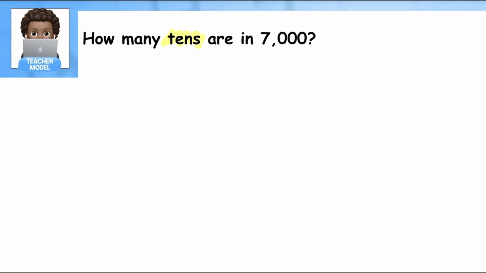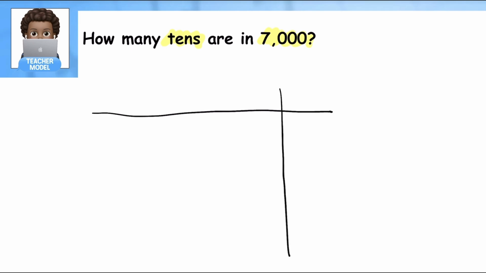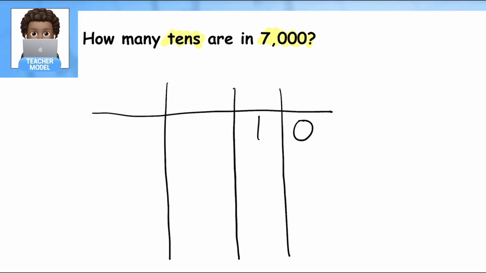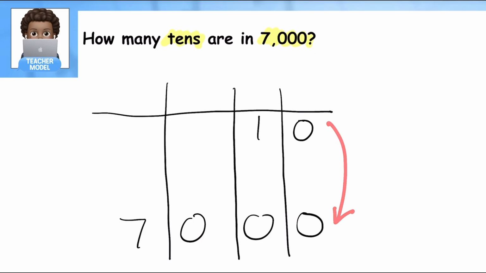How many tens are in 7,000? All right, so we're going to think about this again. I'm going to make my little place value chart. And I'm starting off with the number just 10. And I need to get all the way to 7,000. So the first thing I'm noticing is that my number is definitely going to get bigger.